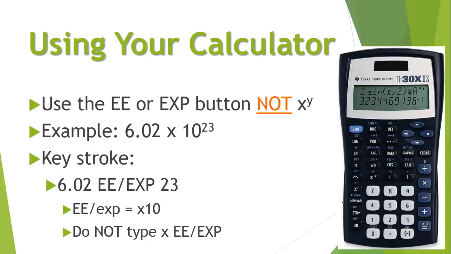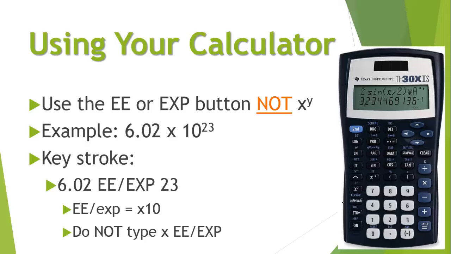Now what you're going to want to know is how to do scientific notation with your calculator. The easiest one to do is this Texas Instruments calculator. If you're unsure or you don't have the buttons that I'm showing you now, please bring your calculator to me and we will show you how to do it with your calculator.